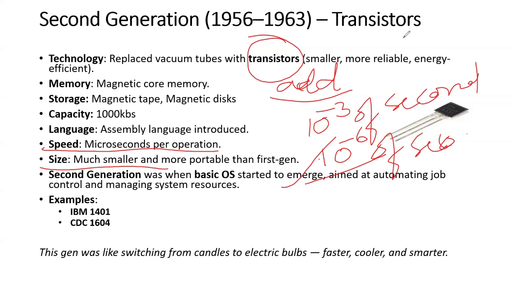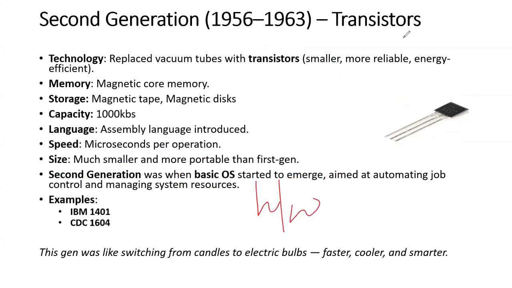And next, the second generation computer was when the basic operating system appeared. If you see the first generation, there was no OS. OS is nothing but operating system. An operating system acts like a mediator between the user and the hardware. We have the hardware, and we have the user who wants to perform certain tasks.